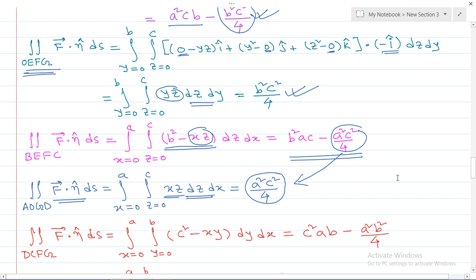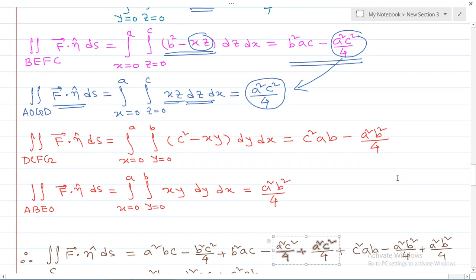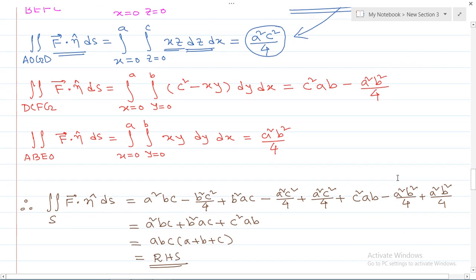And lastly, the two surfaces, the top surface and the bottom surface. Similarly we have done the integration for the DCFG surface, z equal to c, n cap equal to k cap, so we get the integration of this part, dy dx only. And similarly for ABEO, z equal to 0, so we get the value like this.